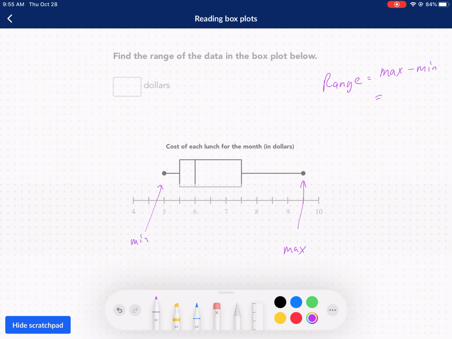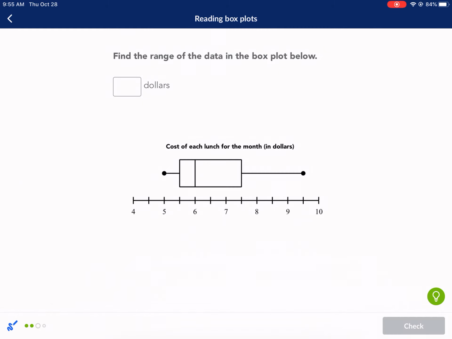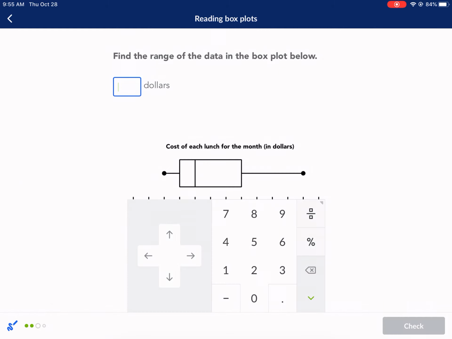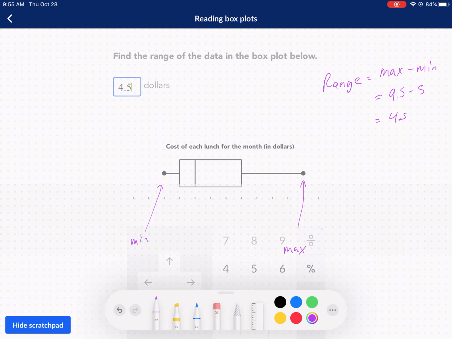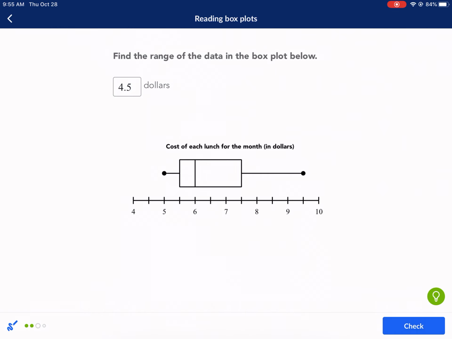In this case, our range is 9.5 minus 5, our max value minus our min value. So that's 4.5. This data spans 4.5. It goes from as low as that number and then 4.5 up. What was the bottom number? 5. Okay, so let's check that.